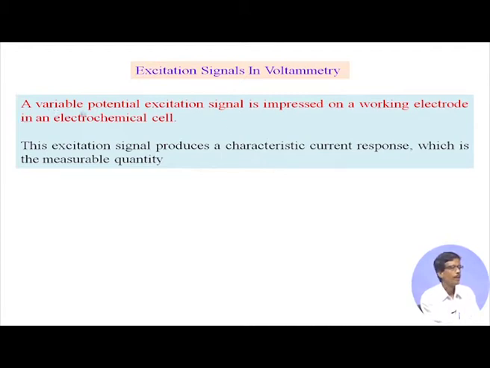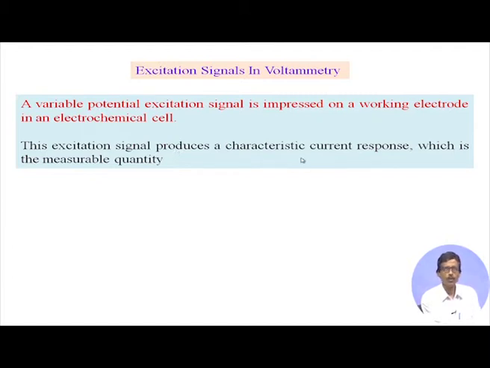That means the excitation signals are how you put the corresponding potential. A variable potential, which is used for your excitation, that means for your electroactivity, is applied to the working electrode, which we call WE, in an electrochemical cell. This excitation signal produces a characteristic current response.